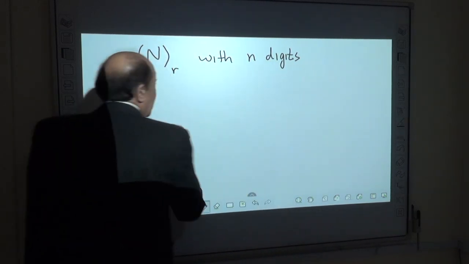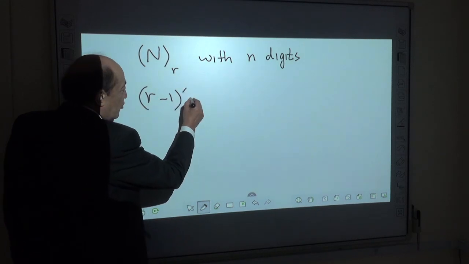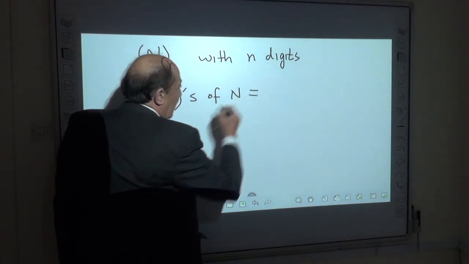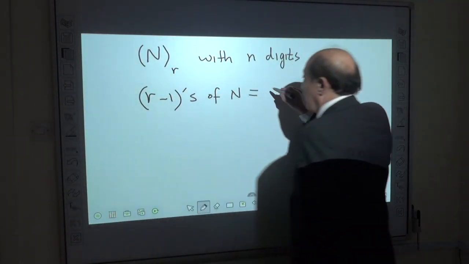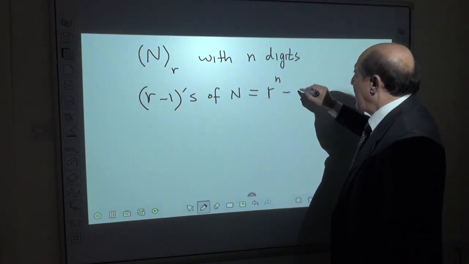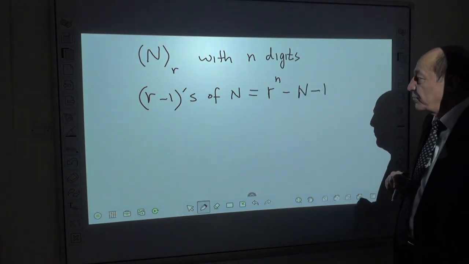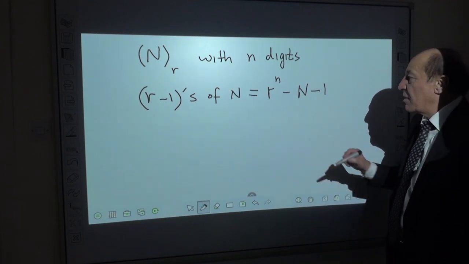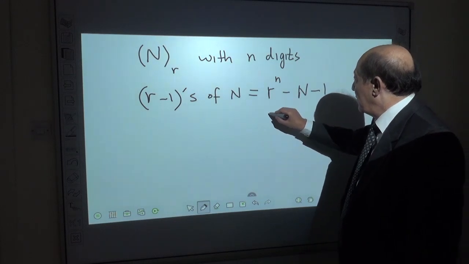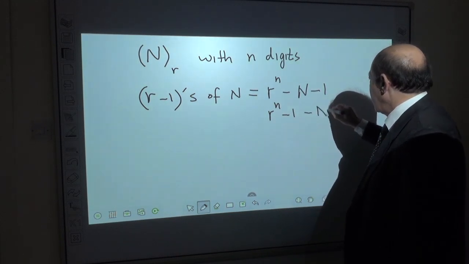Then R minus 1's complement of the number n equals R to the power n minus the number n minus 1. Or we can write it as R to the power n minus 1 minus n.